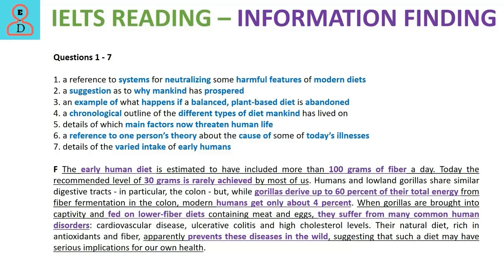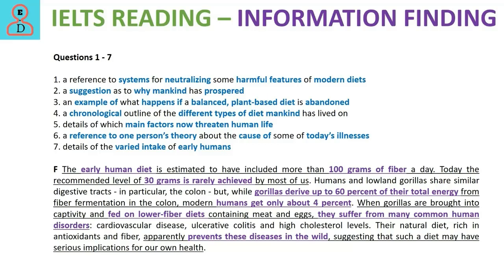In the middle part of the paragraph, it is mentioned that gorillas are fed on low-fiber diets containing meat and eggs, which means they are not given enough vegetarian or plant-based diet, and then its effects are mentioned. They suffer from many common human disorders.